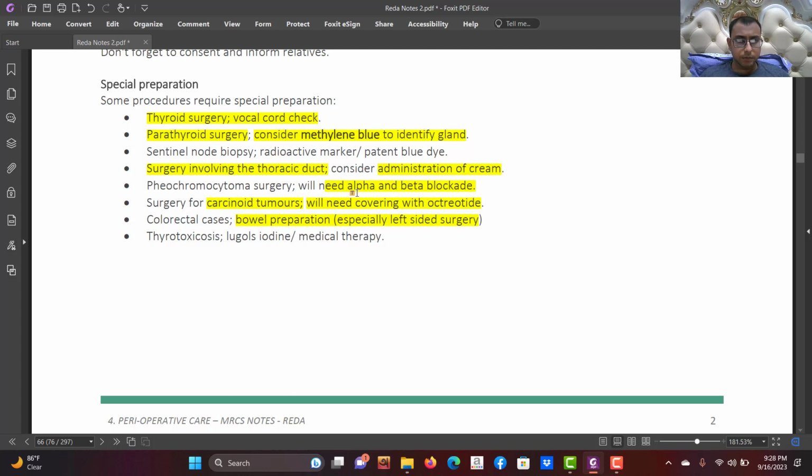In that case bowel preparation is needed, and it also helps to reduce a lot of bacteria from the gut.